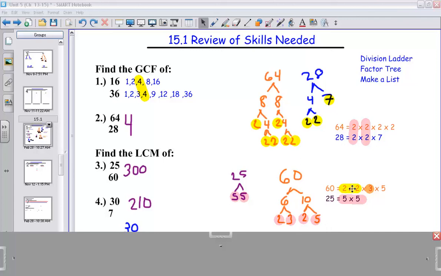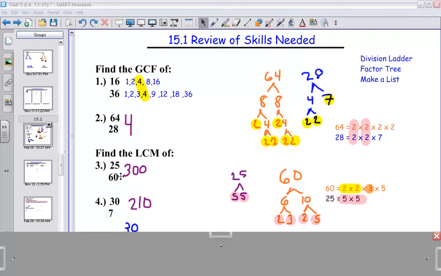Where does 2 appear the most? Well, in 60, because it's right here. And there's only one 3 in 60, but that's still where it happens the most, so I have to circle that number as well. This time, once I have all of my numbers circled, I am going to multiply all of my numbers.